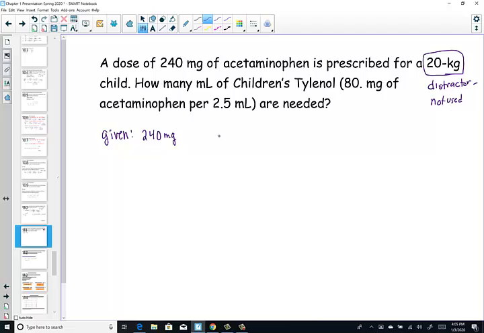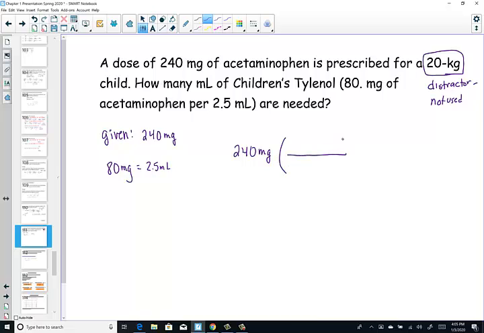So our conversion factor says there's 80 milligrams of acetaminophen per 2.5 mils of liquid. All right, so that's our equivalent needed to convert. So we have 240 milligrams is what the child needs.